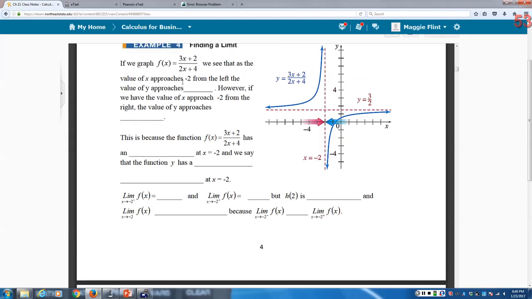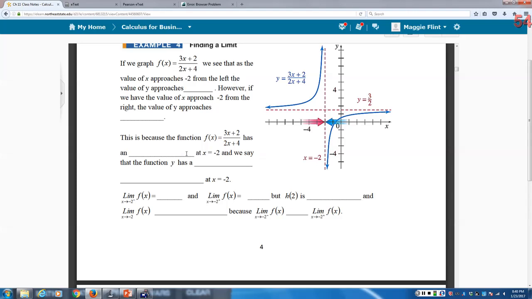If we graph it, we see that as the value of x approaches negative 2 from the left, the value of y approaches infinity. However, if we have the value of x approach negative 2 from the right, the value of y approaches negative infinity. This is because the function f of x has an asymptote. That's the actual math word.